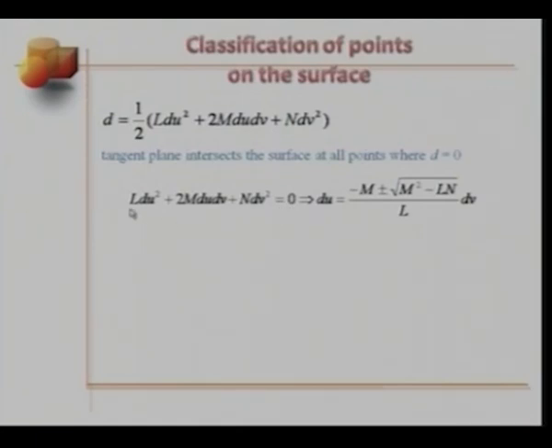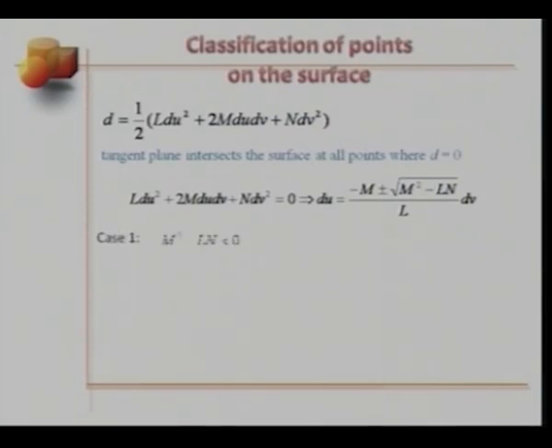So this is a quadratic equation in both du and dv. So I can solve du in terms of dv, and the result is minus m plus or minus the square root of m squared minus ln, over L. Of course, depending on how this expression behaves, m squared minus ln will give no, one, or multiple solutions.